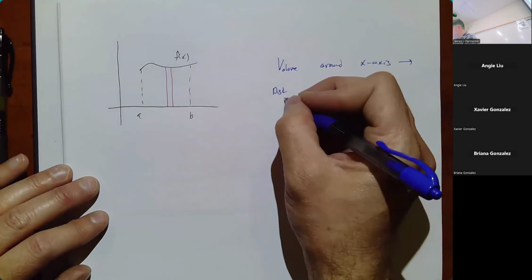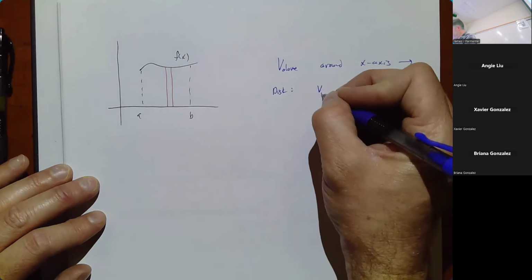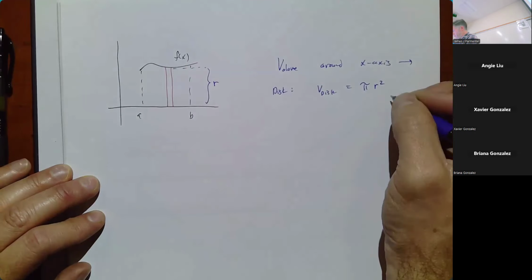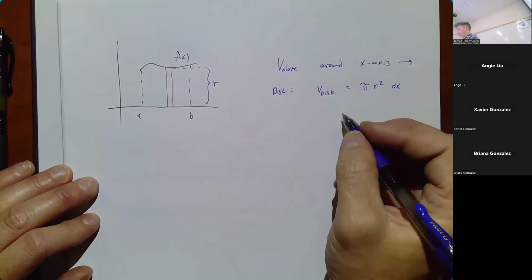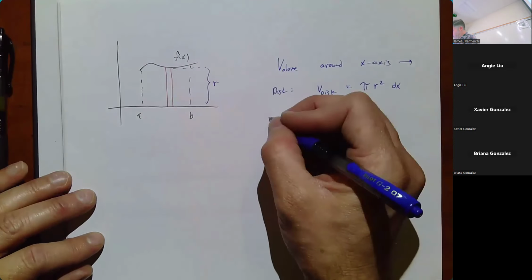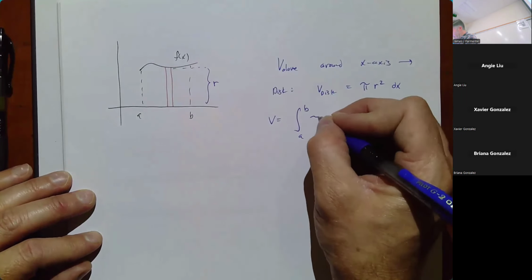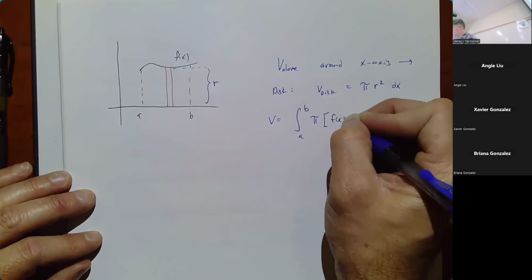The volume of our disk is pi times your radius squared times the thickness. But the radius here is just the function height. So the volume ends up being the integral from A to B of pi times your function squared.